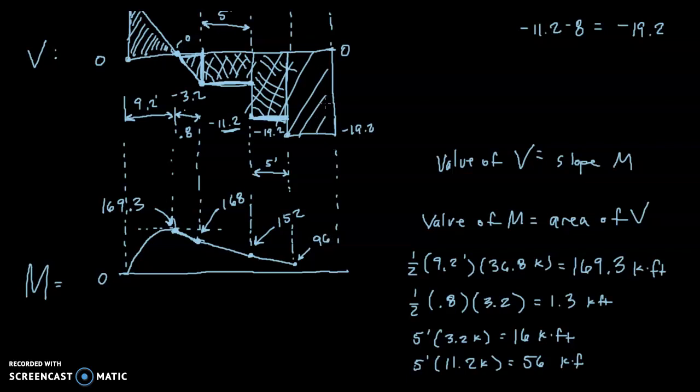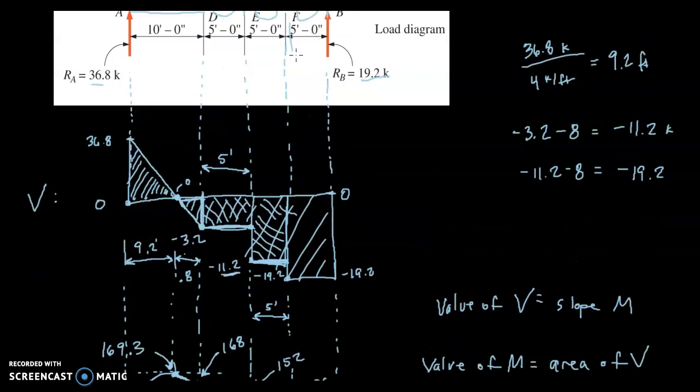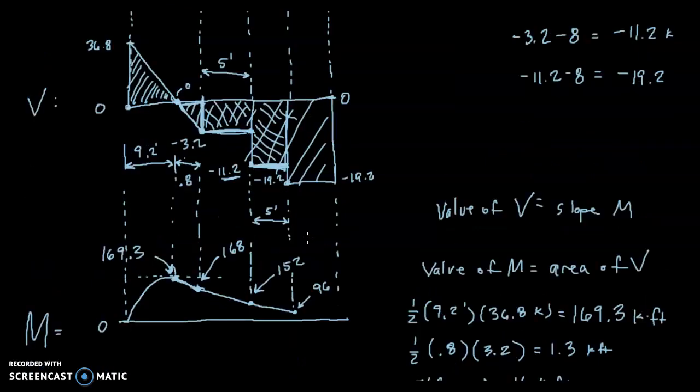If we look at the very last rectangle, again, the width of it is 5 feet. So we're dealing with another 5-foot length of beam. This time, the height of this rectangle is negative 19.2.